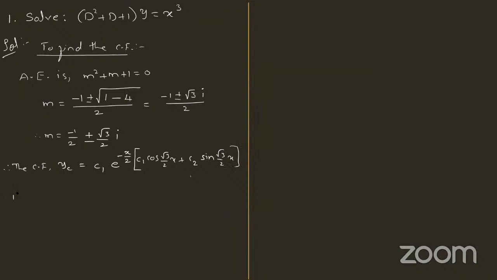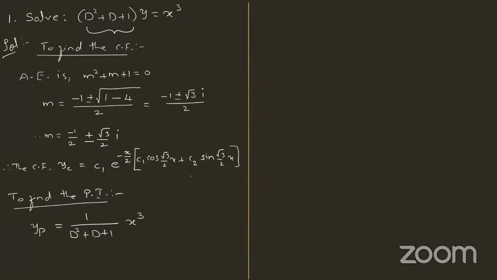Now we need to find the particular integral. To find the particular integral, we just write it like this. Yp is equals to the same thing on the right side, with whatever coefficient you have for y here: 1 divided by d square plus d plus 1, operating on x cube.